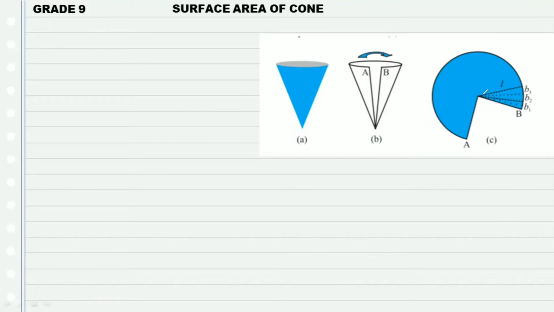When we cut this sector into small pieces, we will get a shape like a triangle, right? And here the triangle will have the slant height as its height. In other words, the slant height of the sector of this cone will become the height of the small triangles, along with the curved bases.